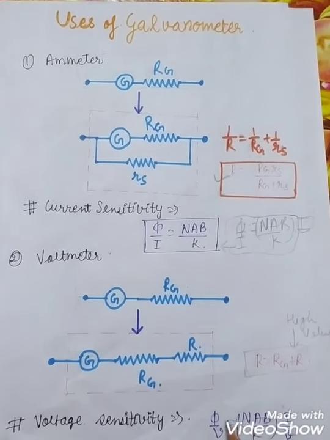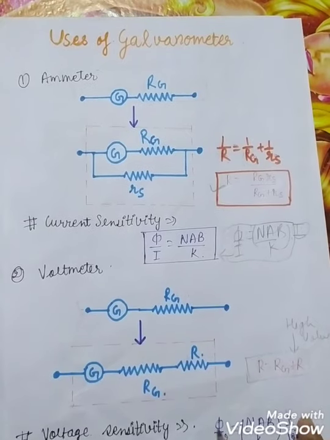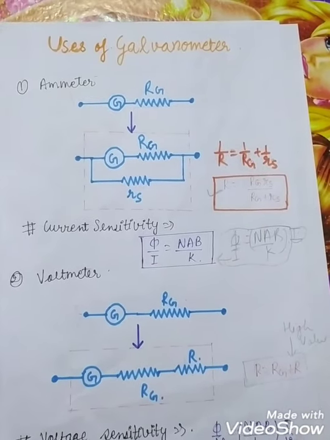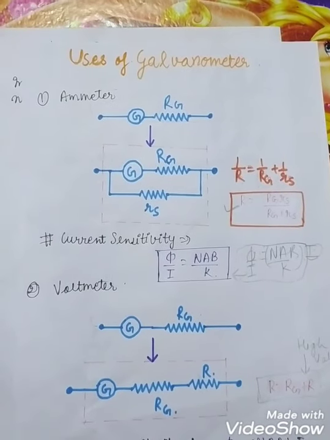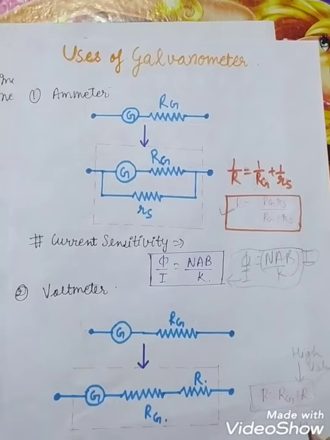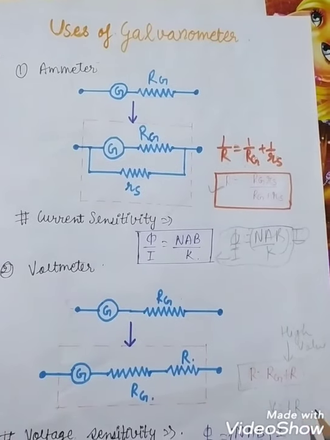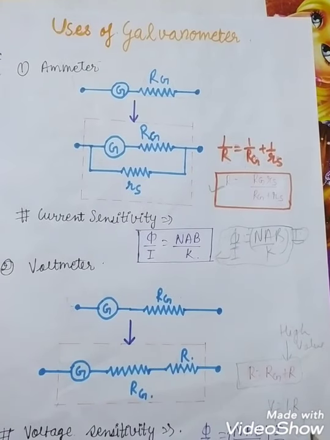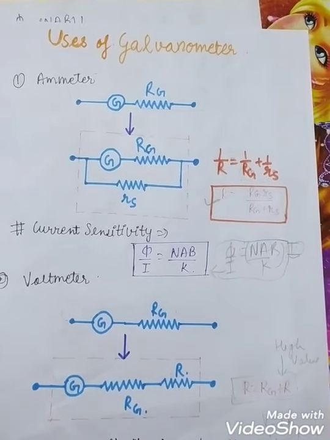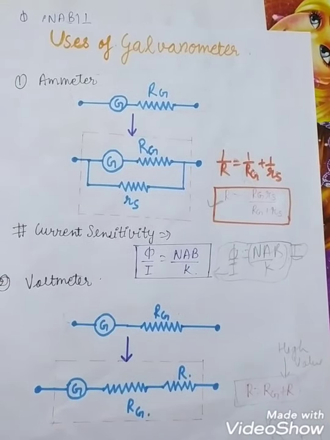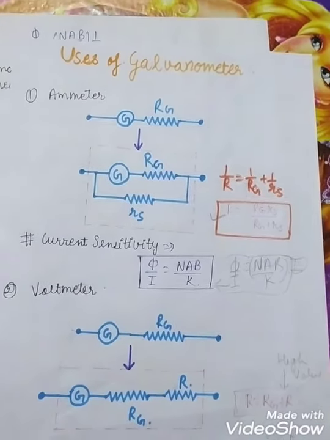From that formula, since we want deflection per unit voltage, I can divide by voltage on both sides. We also know that voltage V is equal to current into resistance. So if I want the value of I divided by V, I simply get 1 by R. So in place of I divided by V, I can write simply 1 by R.